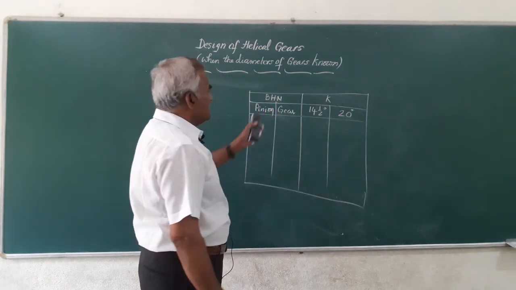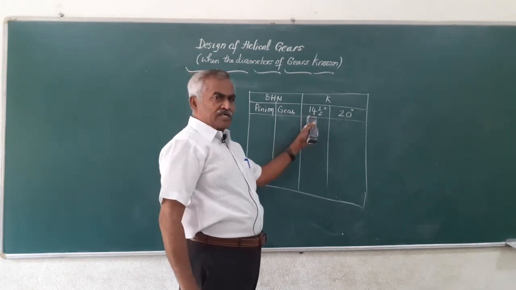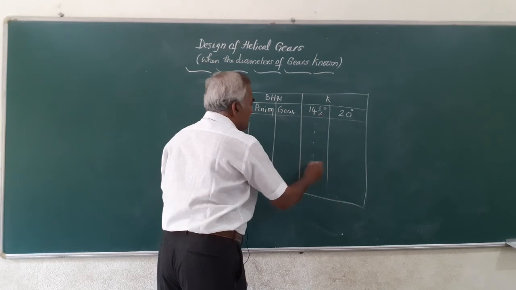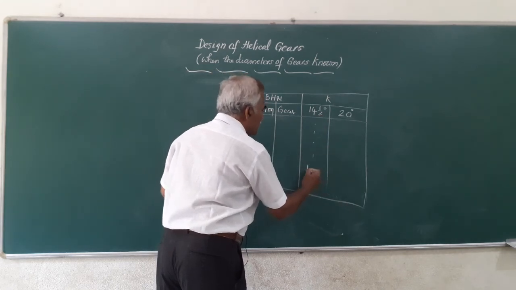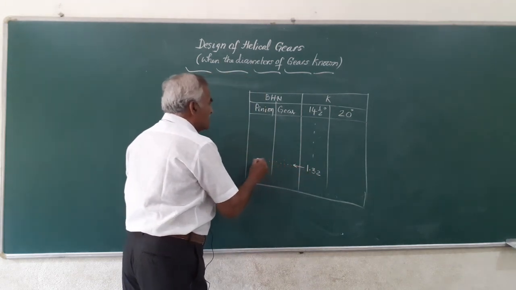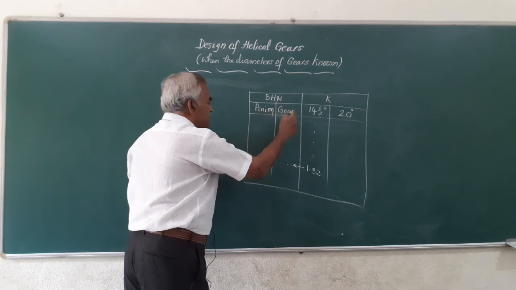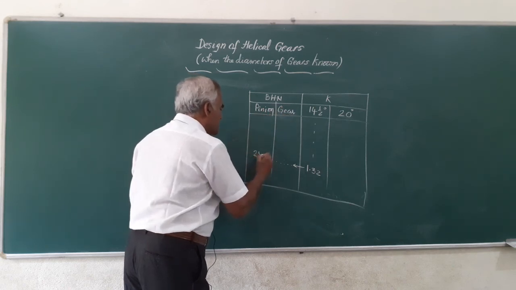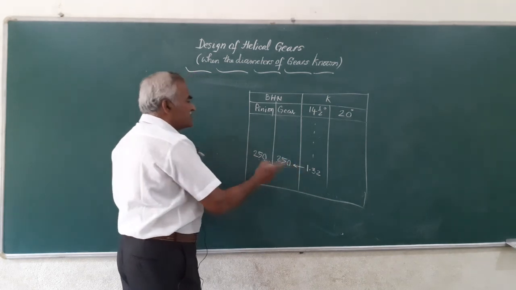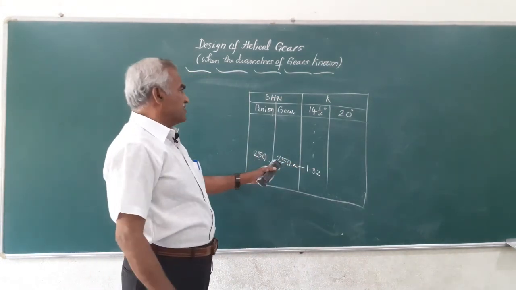So, friends, in this problem we are using 14.5 degrees involute profile and hence corresponding to this value of K you have got, I think 1.32. Look to the left hand side and see on this line what are the values of pinion hardness and gear hardness. Maybe it is equal to 250 and 250. Most of the time they will be same, sometimes they will be different also.